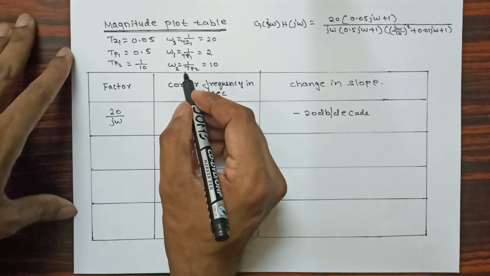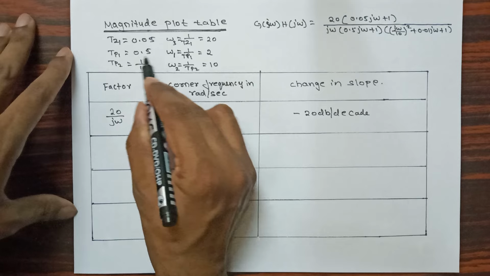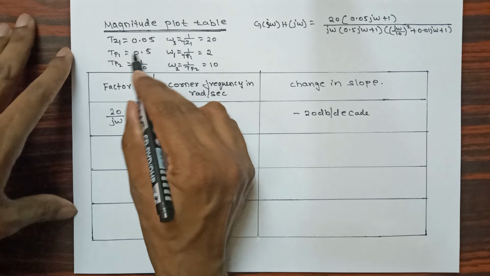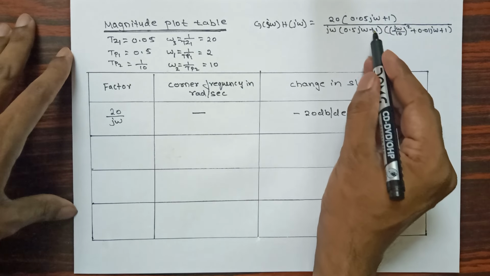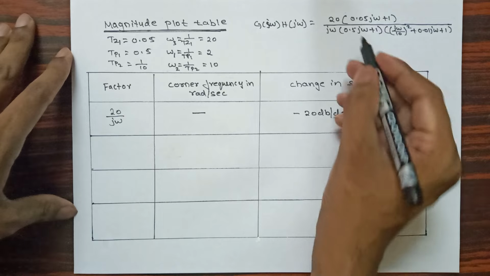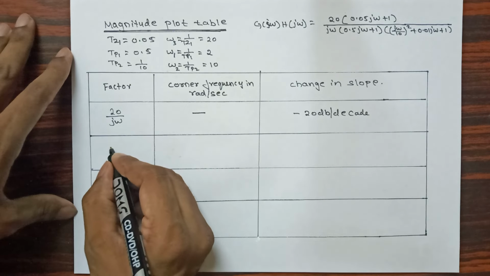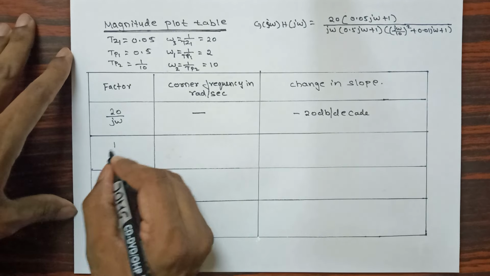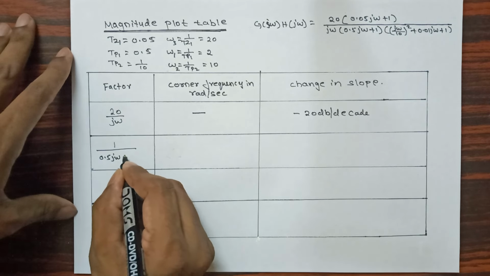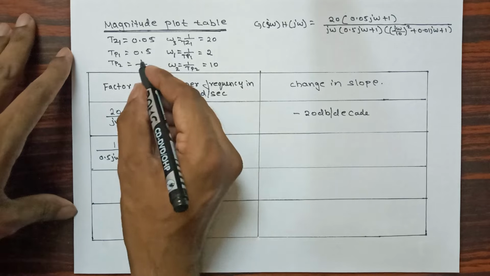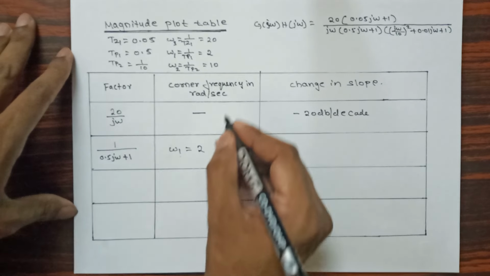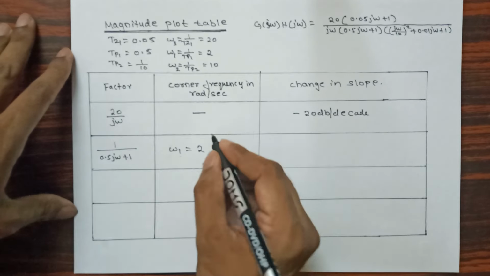Now we have to take the first term. Omega 1 is equal to 2, for the term tp1. So I consider this whole term as the second factor, in the denominator 1 divided by 0.5 j omega plus 1, and for this the corner frequency omega 1 is equal to 2 radians per second.